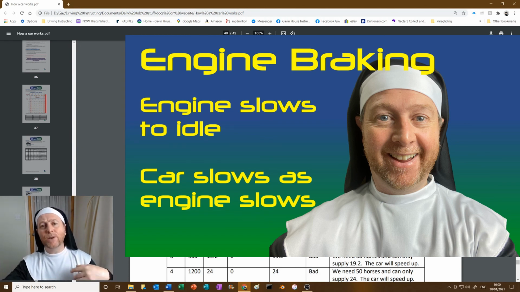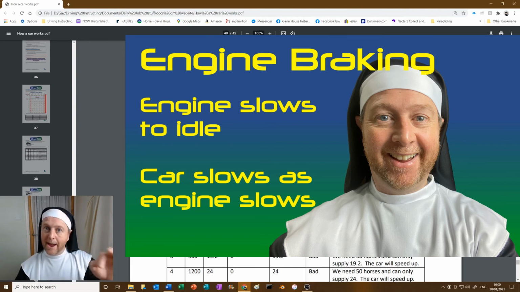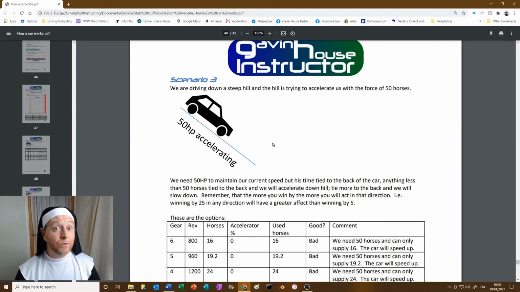So the engine is braking the car effectively, but only down to idle at 800 RPM. At that point it will just pull you at the corresponding speed depending upon what gear you're in, 5, 10, 15 miles an hour. But engine braking is a very useful thing.